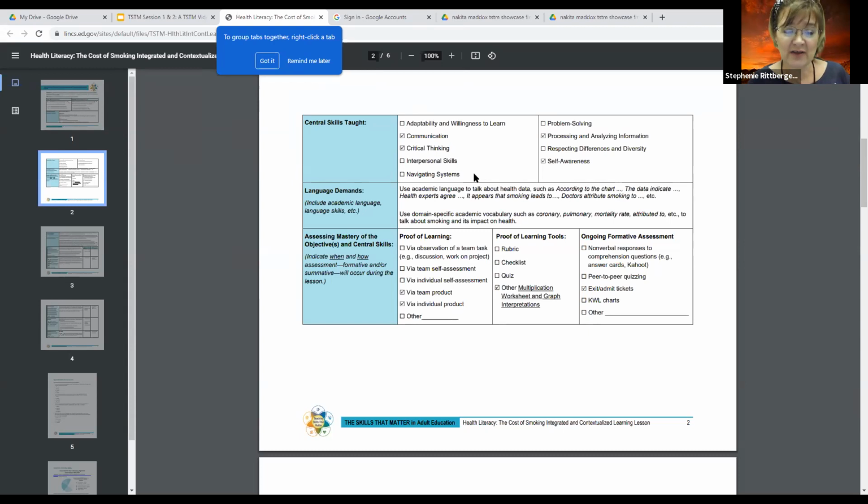So the other thing that I thought was excellent in these is that there's always an assessing the mastery of the objectives and the central skills piece. And so you're going to see that they were going to work on a team product or an individual product. There's also the learning tool. They're going to have to do the multiplication worksheet and the graph interpretations.